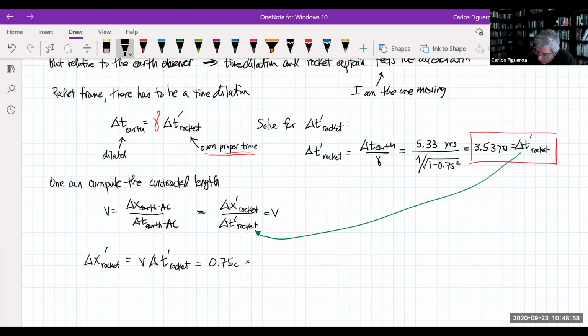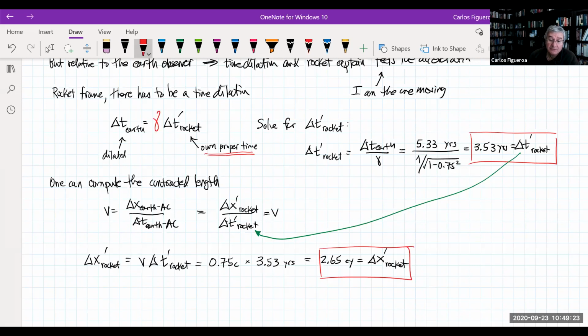My time at the rocket we saw is 3.53 years. So therefore this distance here is then 2.65 light years. And this is the distance that the rocket measures. I could have brought in the gamma values and put everything in. I find this to be more intuitive, to be honest.